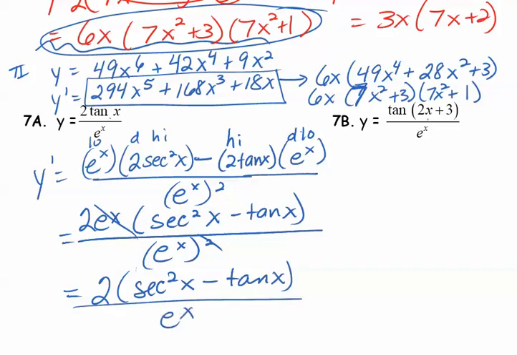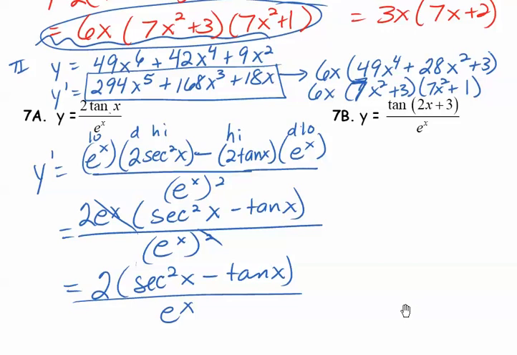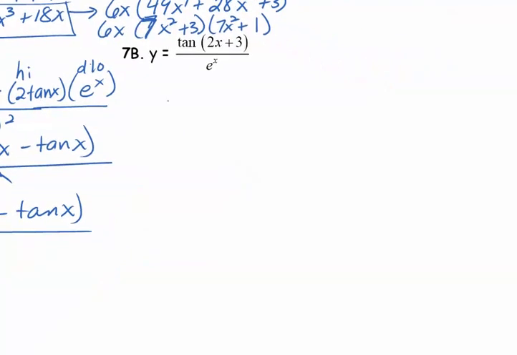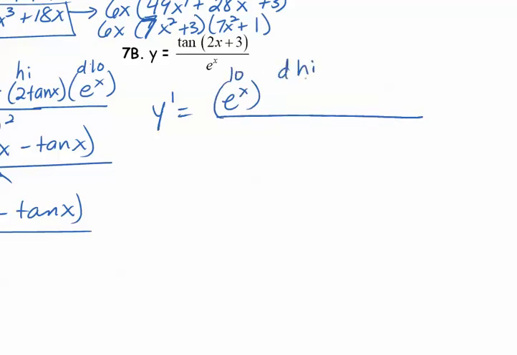And our second quotient rule is the one that requires the chain rule. So let's work that a little more carefully. It will be similar. So we'll have our low function. And now our d high function is going to take a little bit more space because first the tangent of the glob has a derivative of secant squared of the same glob, and then times the chain rule on that glob would give us a 2 here.